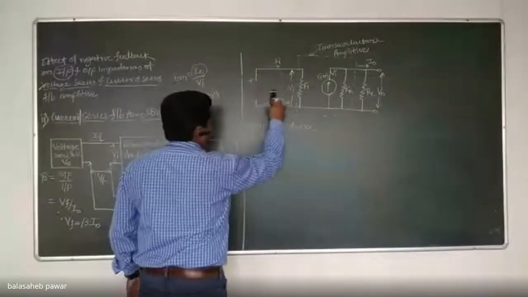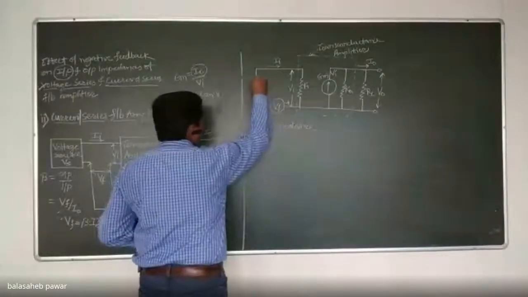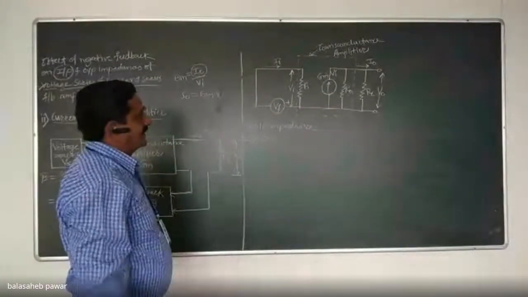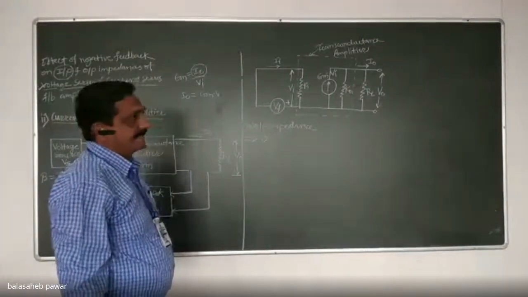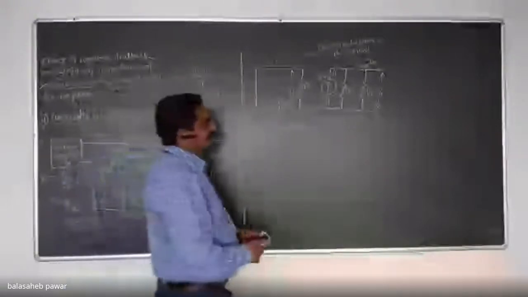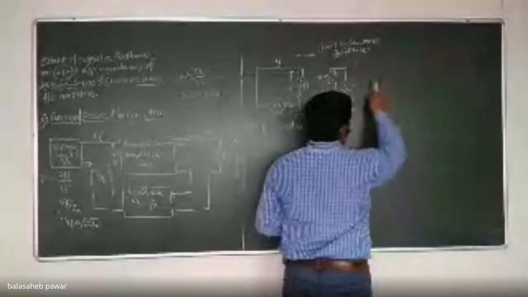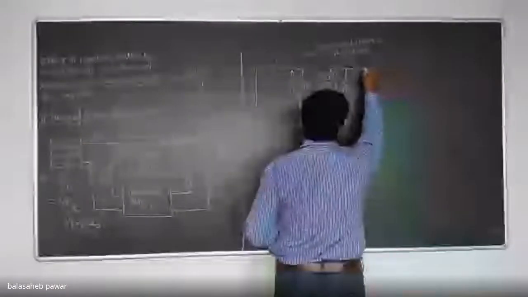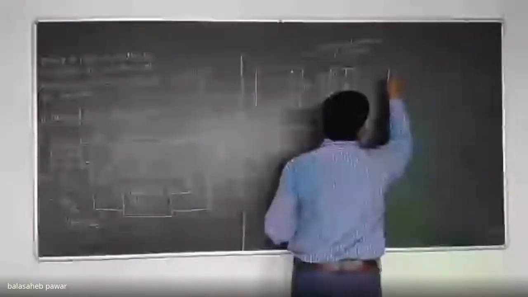This input signal source will become 0, and that's why we have to short it. The second requirement: I think you might not have noted it. Disconnect the RL. Yes or no? So I will disconnect that RL and show it separately, like this.